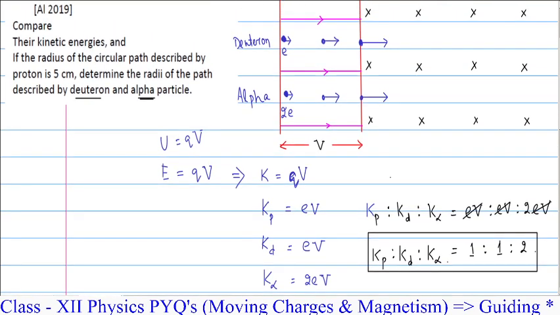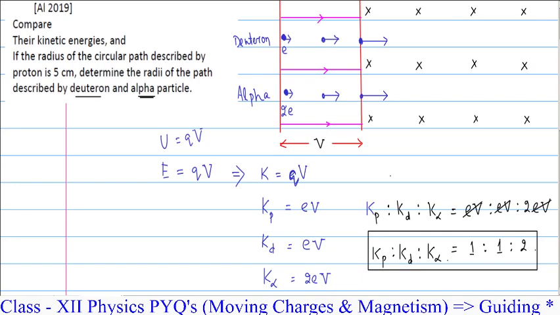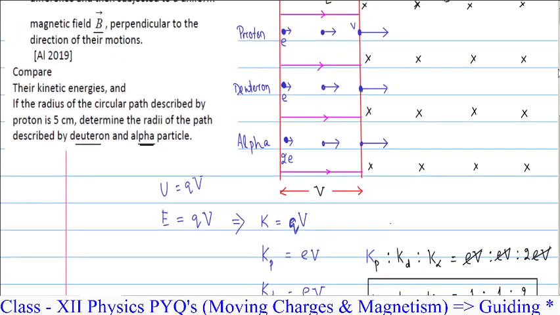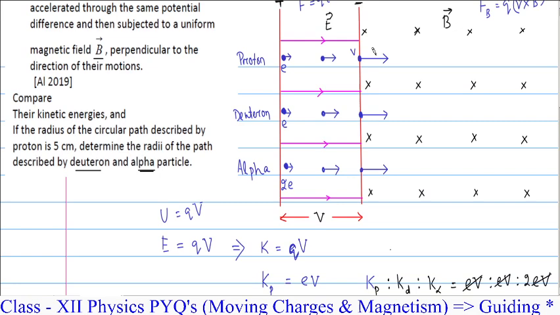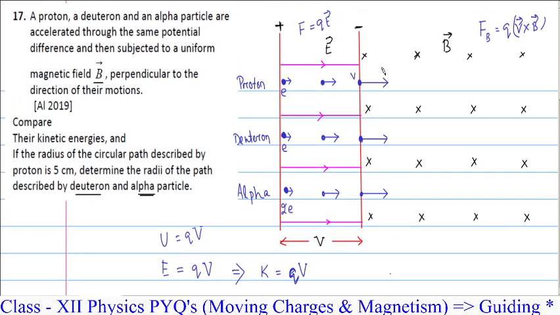And if the radius of the circular path described by the proton is 5 centimeters, now why is a circular path coming? Because the charged particle starts moving in a uniform magnetic field B with some speed, and this velocity is perpendicular to the magnetic field B. So all these particles will experience a force. What is the direction of the force? The force will be perpendicular to both the velocity as well as the magnetic field.